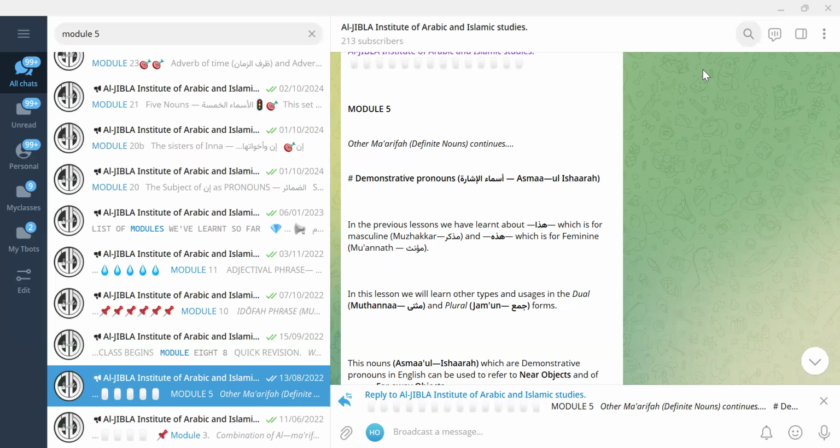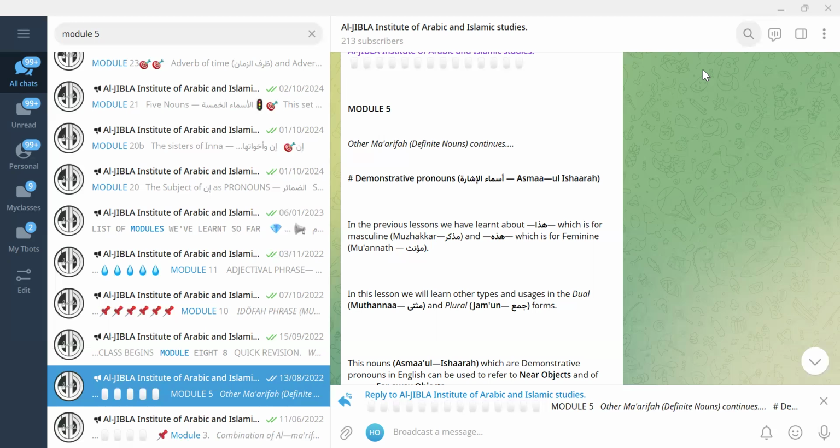So let's move on to the third one, which is أسماء الإشارة, demonstrative pronouns. When we say demonstrative pronoun, we all know this: هذا هذه.